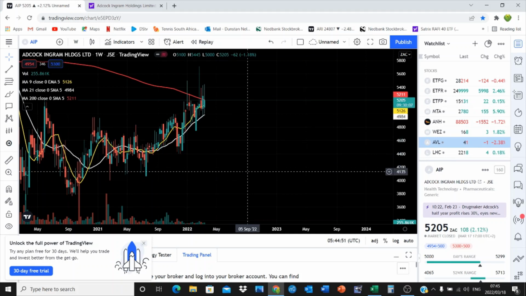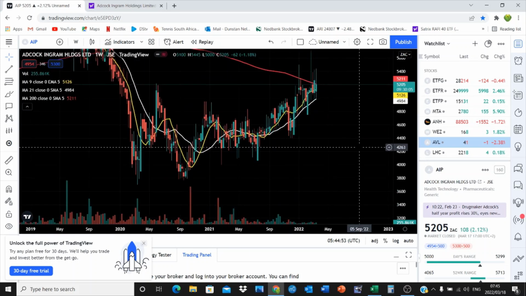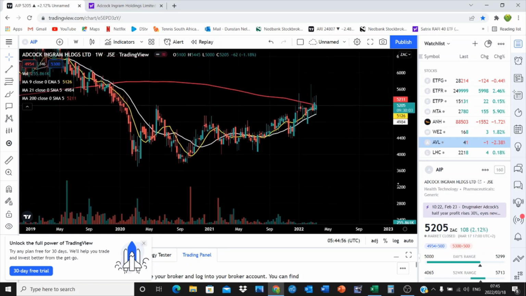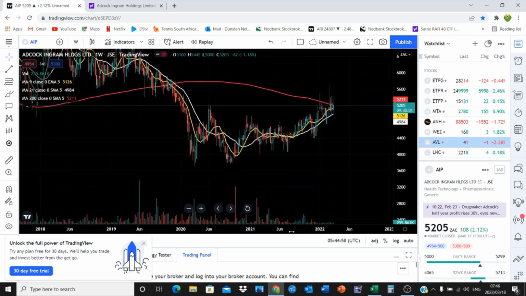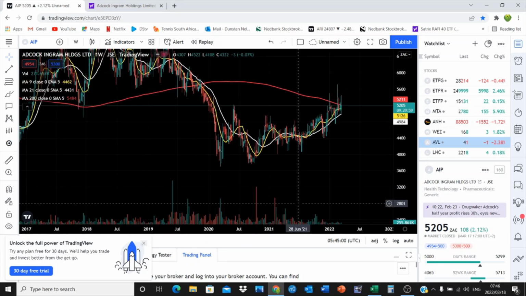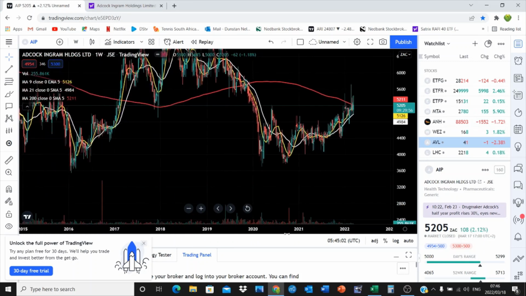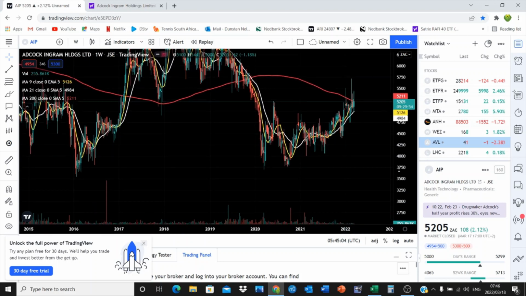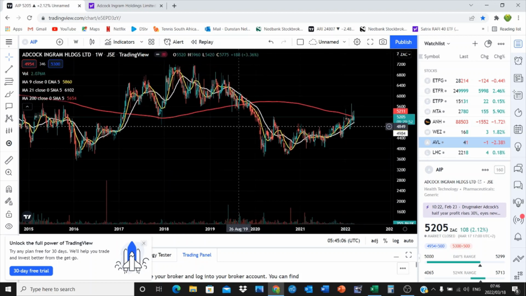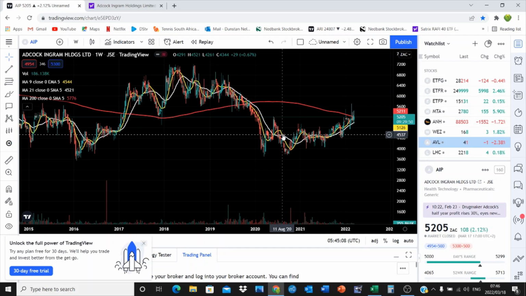What I would typically do is look for the swings in price, because I want to find support. I like to do a little exercise of the last few swings. What I use is trend line analysis.